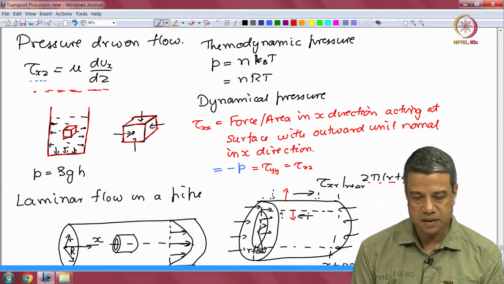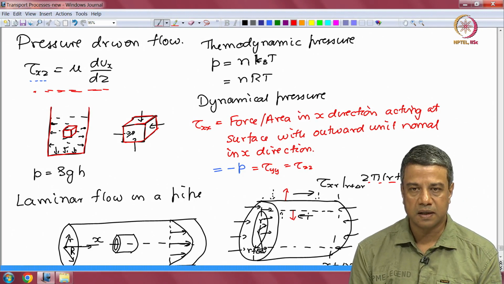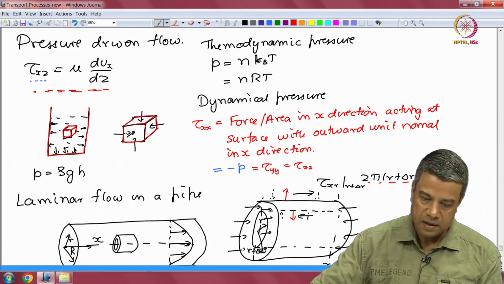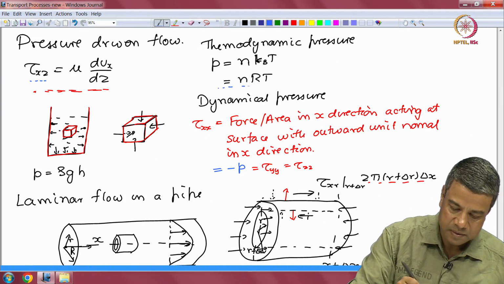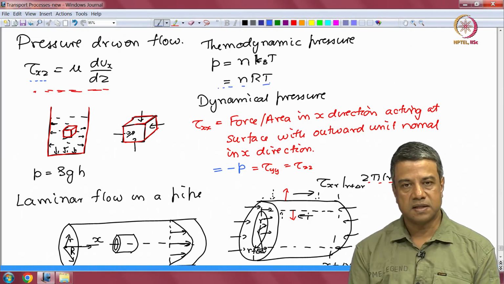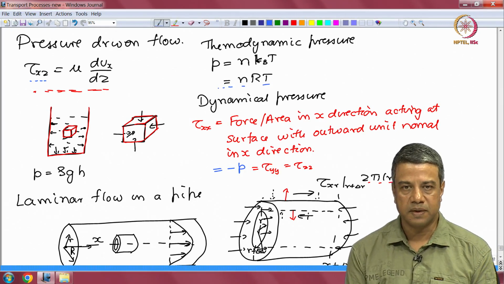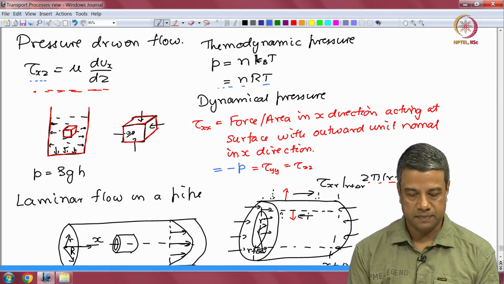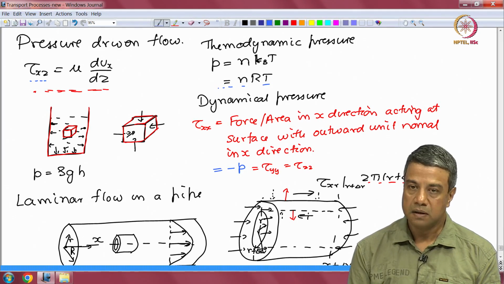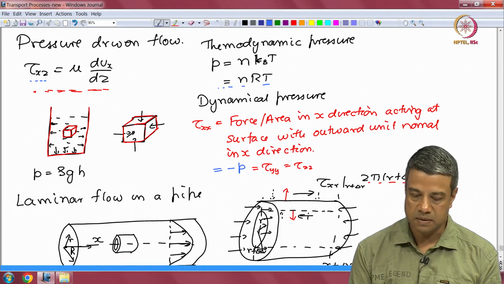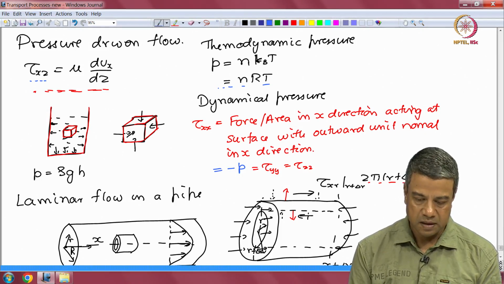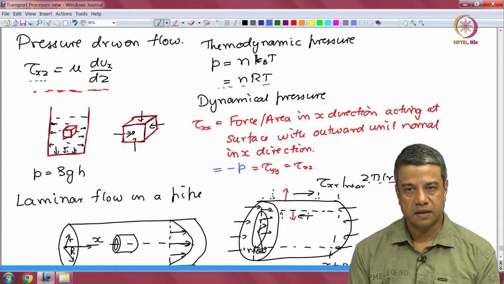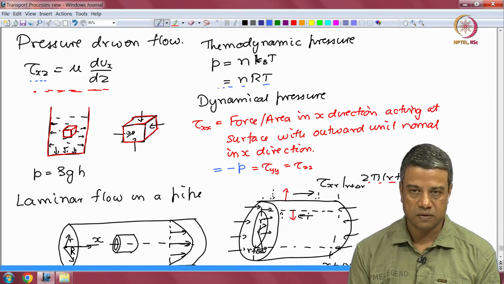I had also drawn a distinction between thermodynamic and dynamical pressure. The thermodynamic pressure is an absolute pressure. It is always positive. For gases, it is given by the ideal gas law, P is equal to nRT. T is the absolute temperature, so it is always positive, and n is the number density, it has to be positive. The dynamical pressure, on the other hand, is what drives flow.